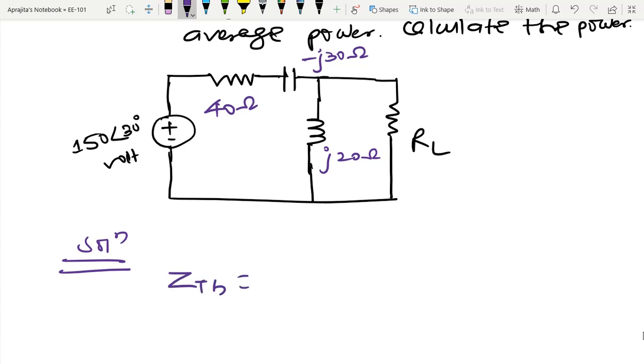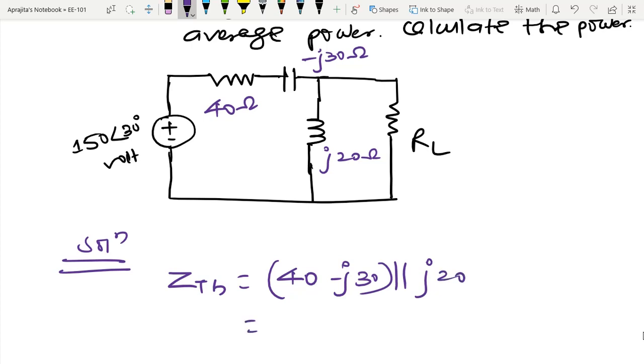So the solution is, I am going to find ZTH. In order to find the ZTH, again I have to replace this voltage source by a short circuit, and after that I have to look at the equivalent impedance across the RL. That is nothing but 40 minus J30, and this is parallel to the J20.